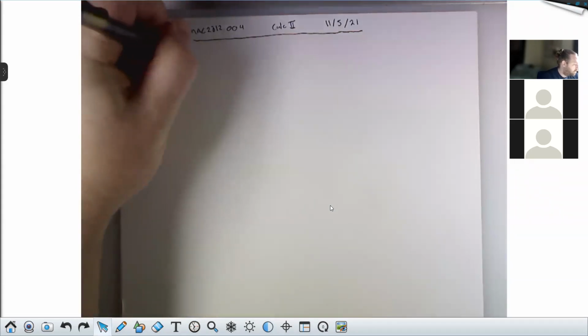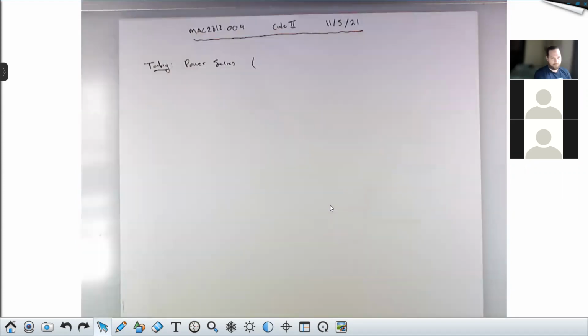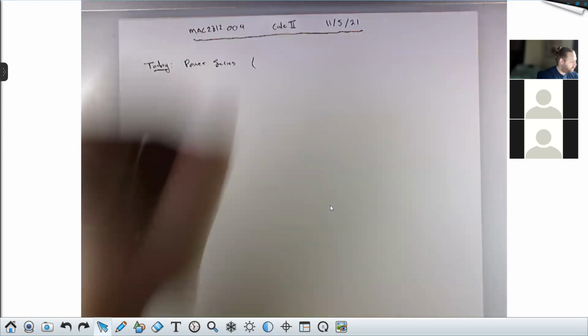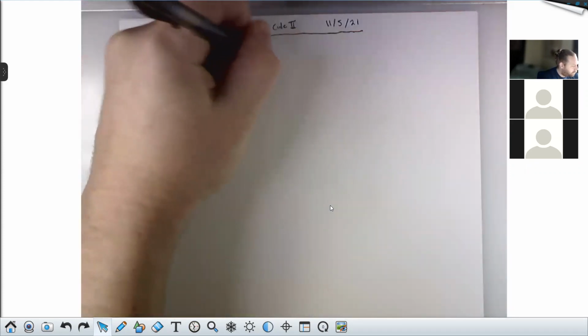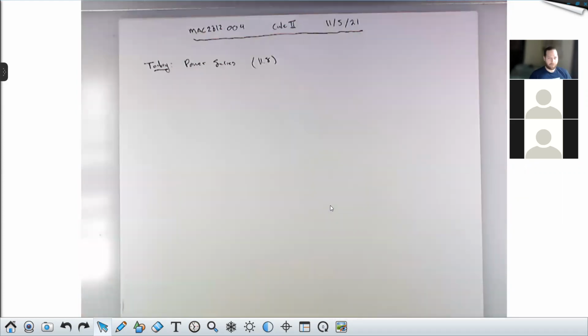Today, we're talking about power series. And we'll be talking about power series for a little while. The specific section we're digging into today is section 11.8. I'm going to introduce and define a bunch of terms, and we're going to use a bunch of notation.